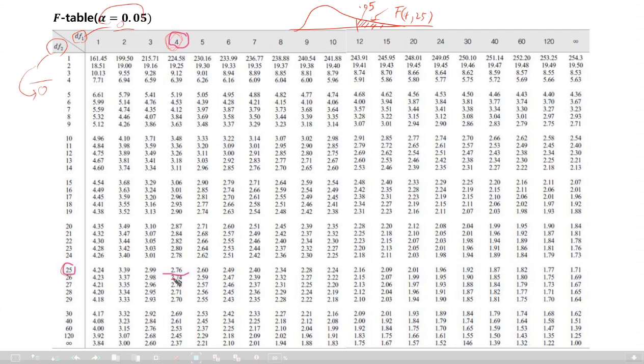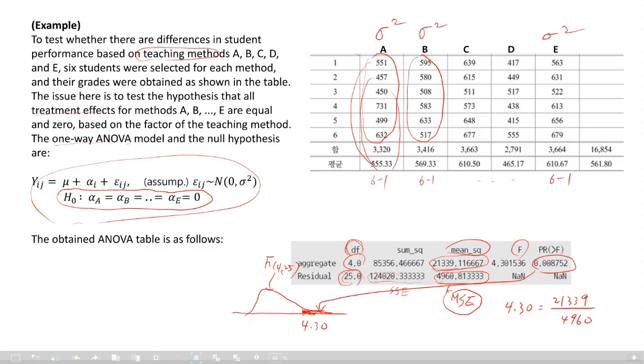The value is 2.76. We got 4.3 in the previous simple example, so the tail area is about 0.0052, something like that. Statistics textbooks have many of these F tables. But since the computer provides us the p value, we don't have to look up an F table from now on.